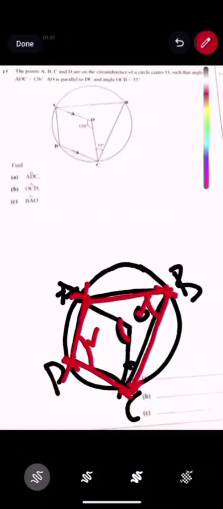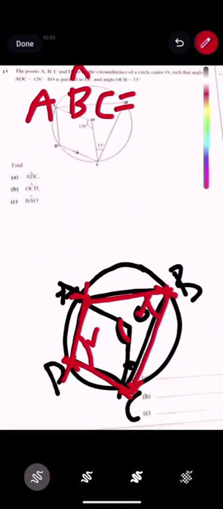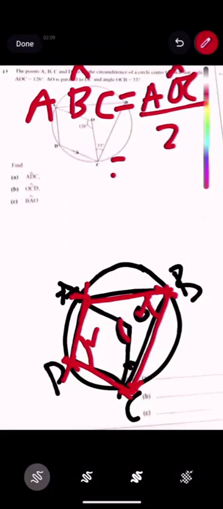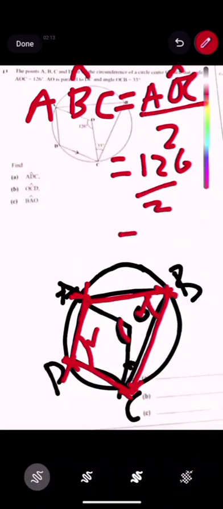Angle at the center is twice angle at the circumference, right? Therefore, angle ABC, which is the angle at the circumference, is equal to angle at the center, which is AOC, divided by 2. So AOC, it's 126, divided by 2.